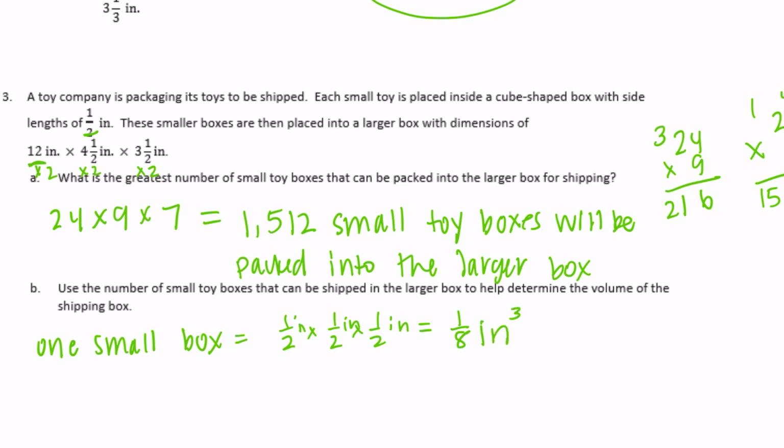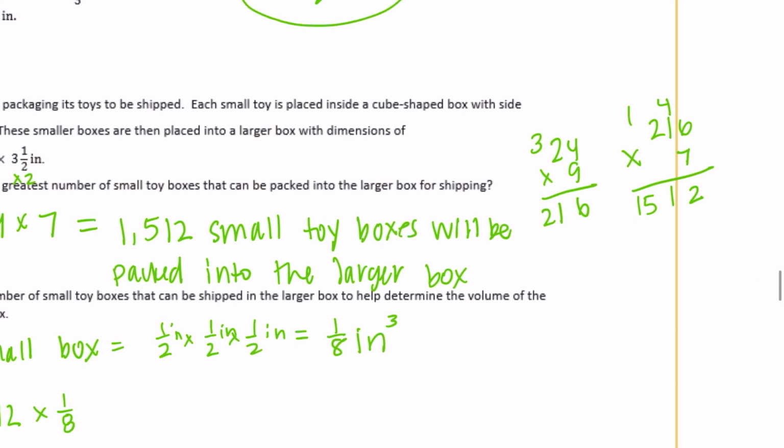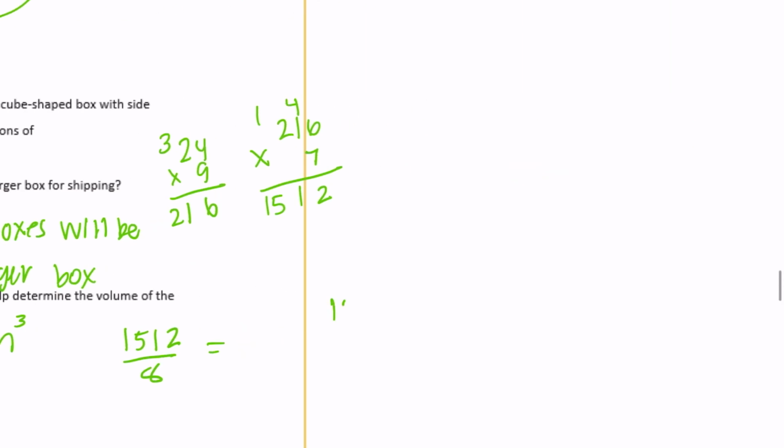So each small box is 1/8 inches cubed. So if we have 1,512 of those 1/8 inch cubed boxes, I can multiply it by 1/8 and I'll get the volume of the box. So that would be 1,512 eighths. So let's just divide.